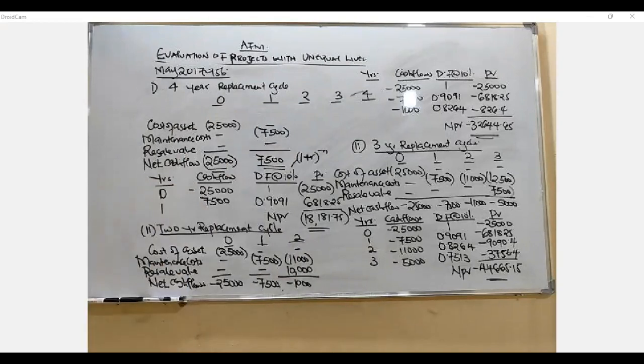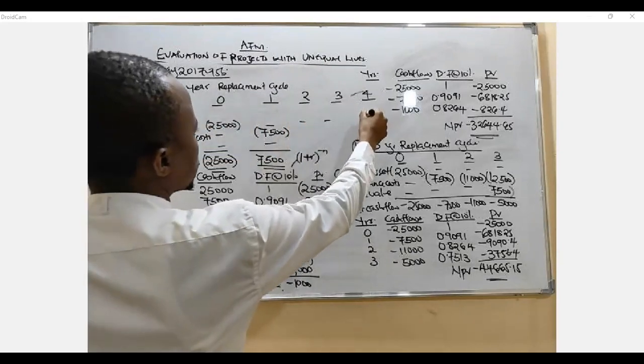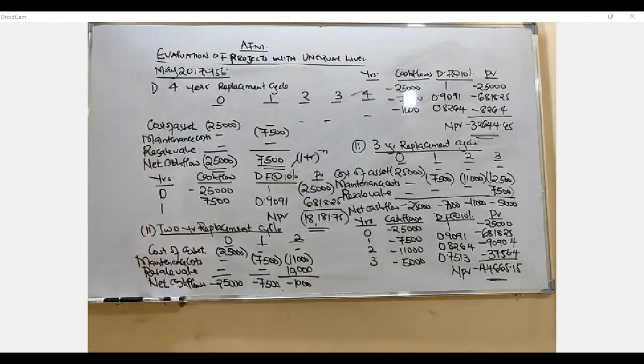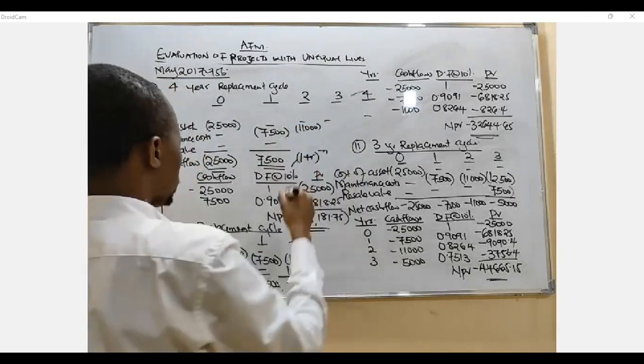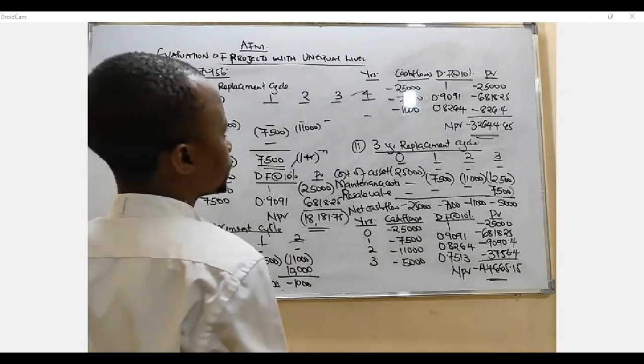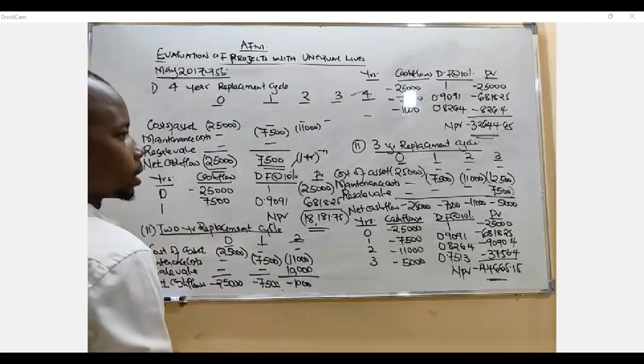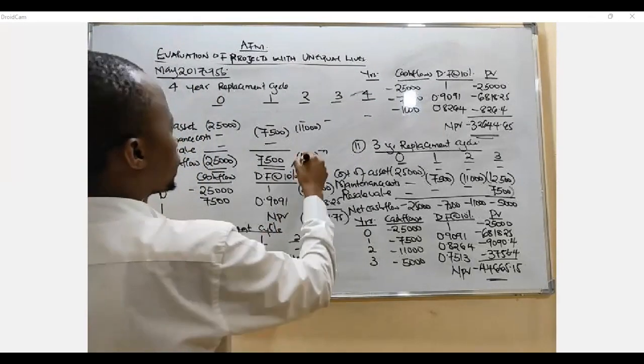For the 4-year replacement cycle, for cost of assets, you can see here the K25, not applicable to the other years. The maintenance cost, I can see year 2 we have 11,000. Year 3, let me check, 12,500.